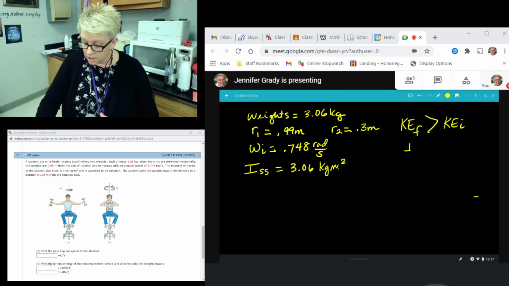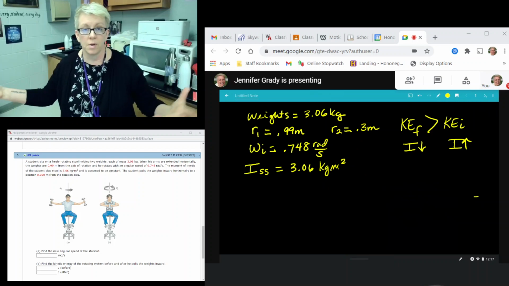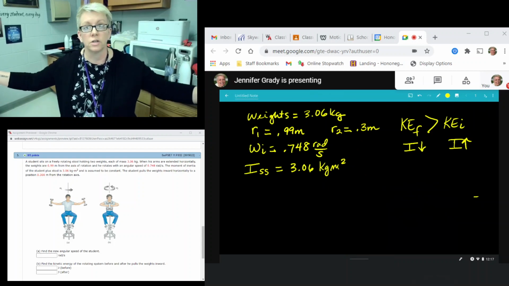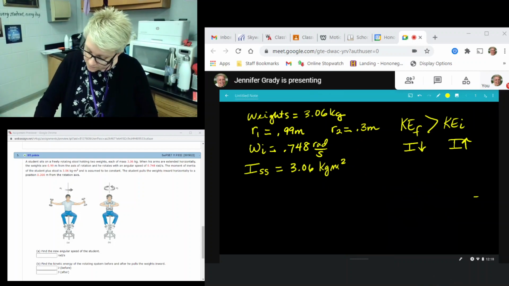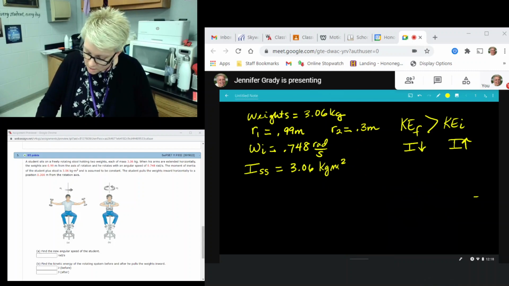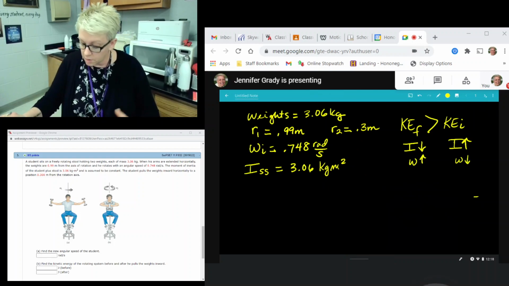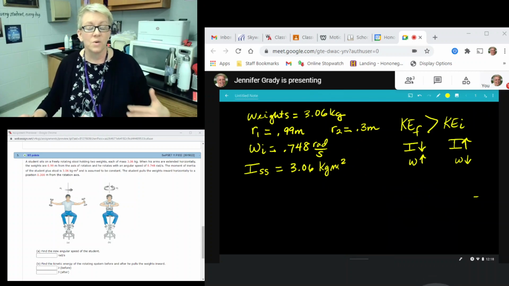The inertia is going to drop as he pulls his arms in. So if our inertia drops, we are going to see an increase in his speed, and his initial angular velocity will be lower than when he pulls his arms in.